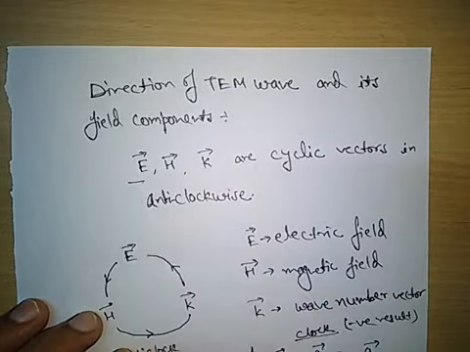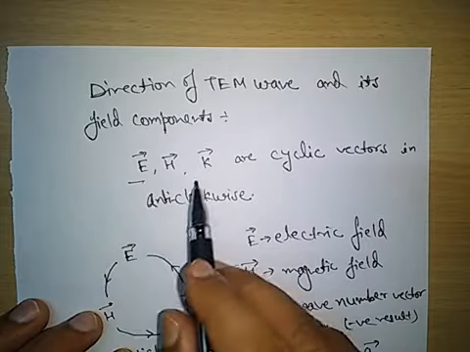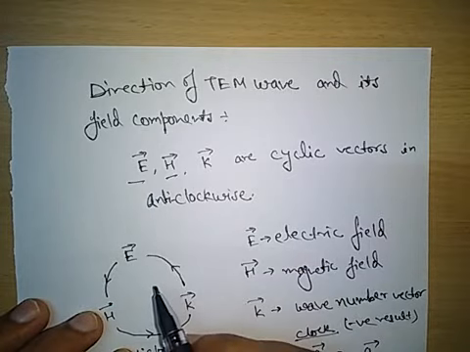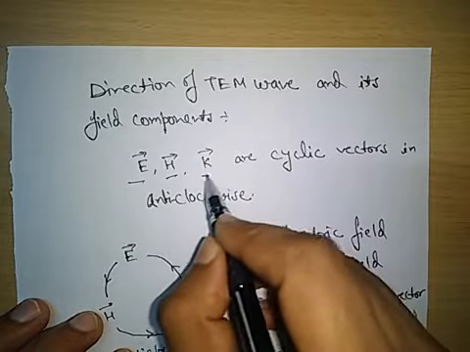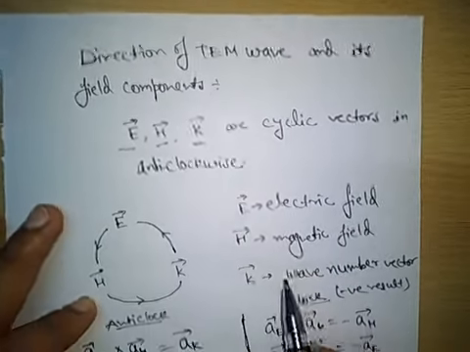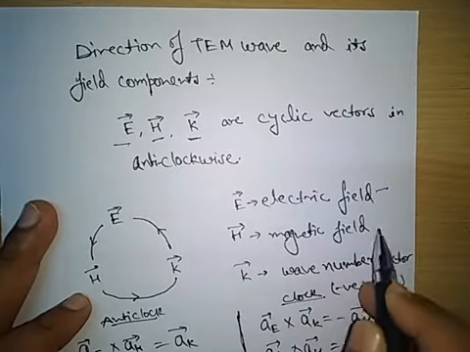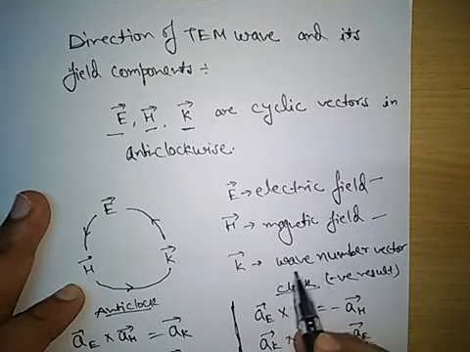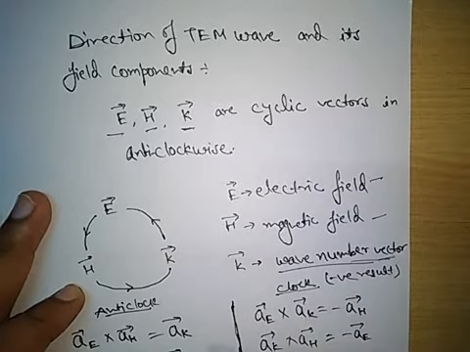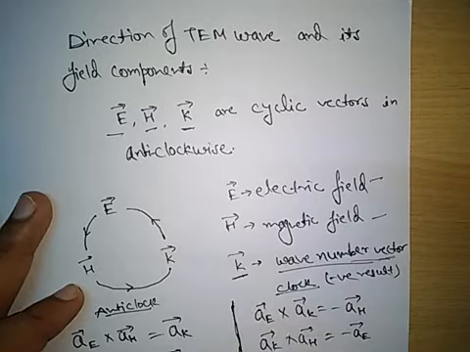Vector E is the electric field component of the TEM wave, vector H is the magnetic field component of the TEM wave, and vector K is the direction, or we can say the wave vector. It is the wave number vector that is in the same direction in which the TEM wave travels. So it reveals the direction of the TEM wave.